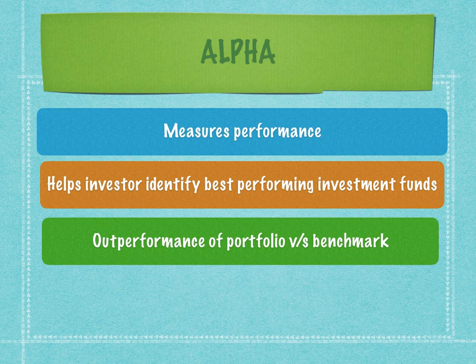It shows the outperformance of the portfolio versus the benchmark. So this is a direct evaluation of not just the fund house, it's an evaluation of the fund manager, the asset allocation strategies, the portfolio management selection. Everything is determined by this one parameter called the alpha.